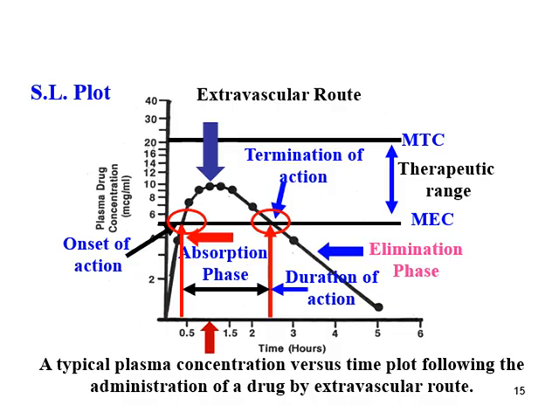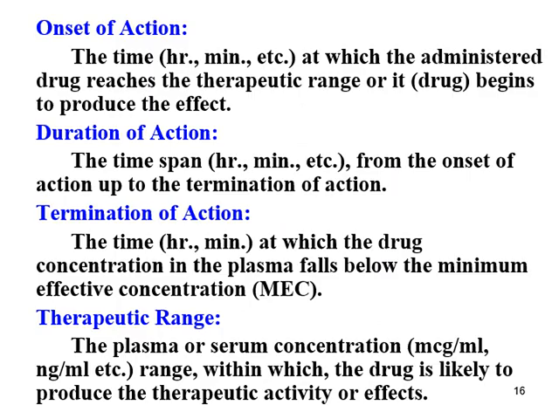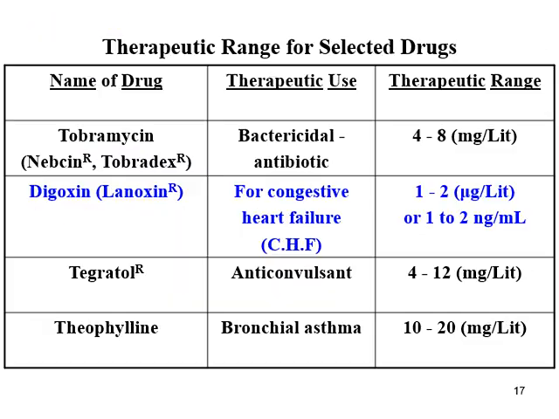This slide shows you the explanation of what the onset of action is, what the duration of action is, what the termination of action is, and also the therapeutic range. I have explained already in the previous slide. Actually, this table shows you the therapeutic range for certain commonly used drugs.